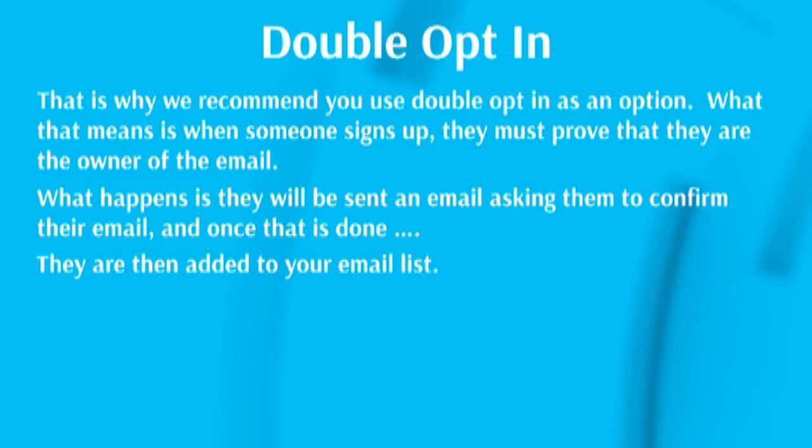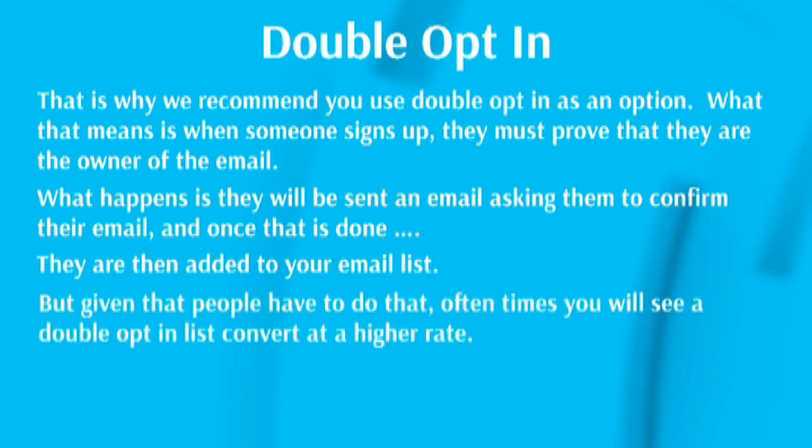But at the end of the day, what we found is double opt-in actually converts better. You're going to get a higher conversion rate, higher open rate, and higher click-through rate. That's going to help you as far as dealing with the email service providers like Gmail, AOL, and all these other email service providers. And your reputation will move up. Your emails, when you send them out, are going to land in people's email inboxes. And of course, because you're emailing people that want to hear from you.